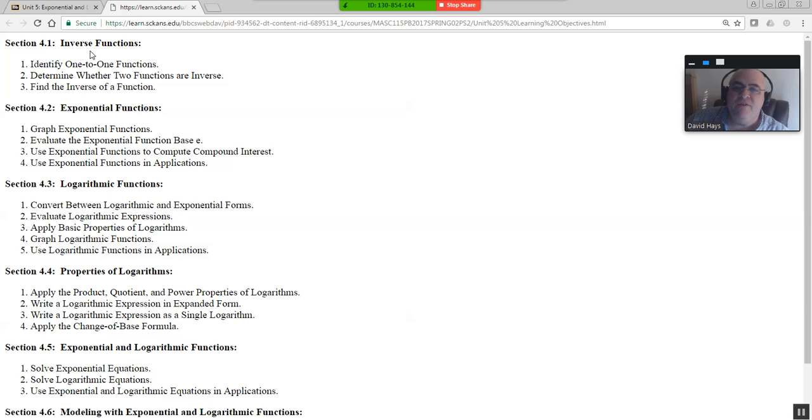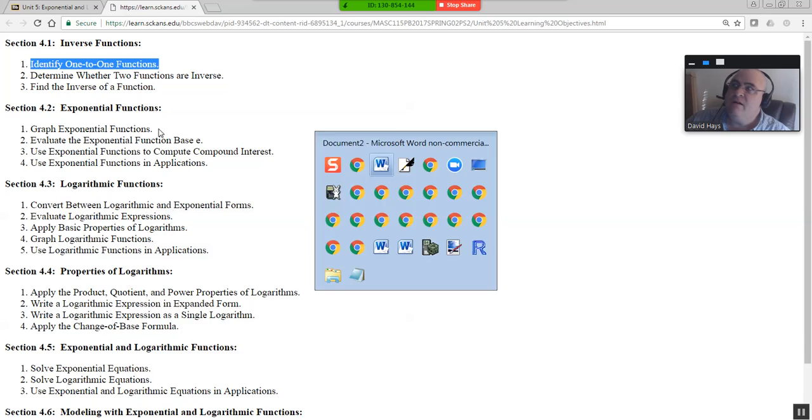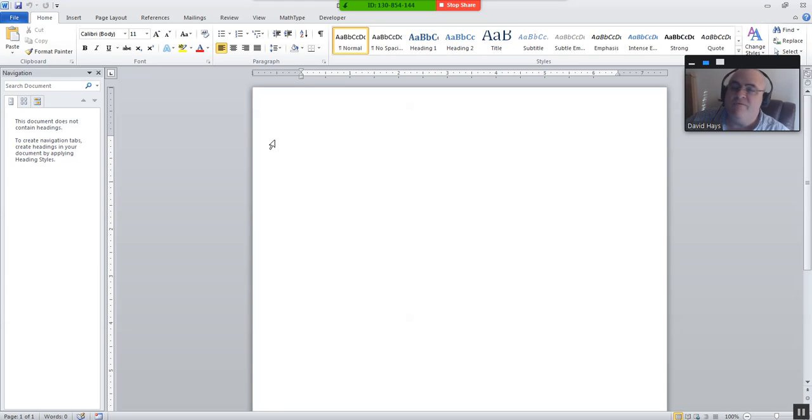Now we're looking at inverse functions to begin with. And the first topic is to identify one-to-one functions. Well, let's first talk a little bit about one-to-one functions.